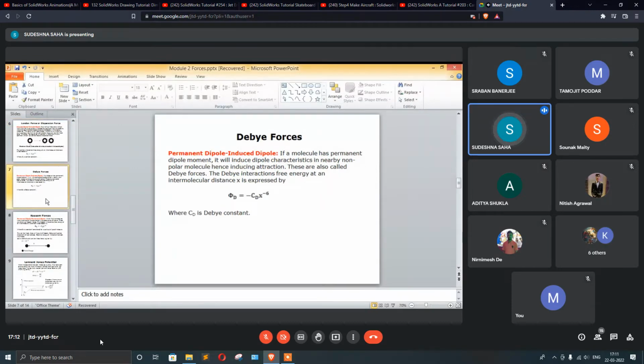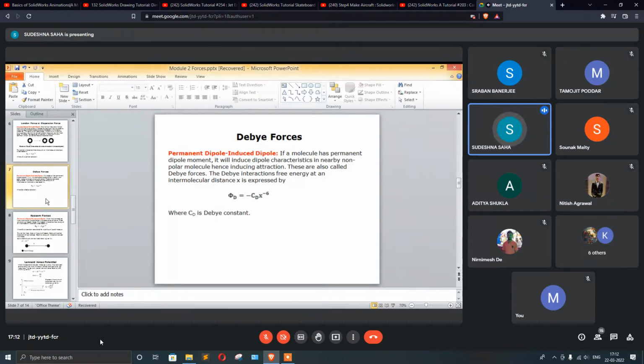Next is the Debye forces. They are mainly formed due to permanent dipole induced dipole interactions. So if a molecule has a permanent dipole moment, it will induce dipole characteristics in a nearby non-polar molecule, and then an interaction will happen, and that attraction is known as Debye forces.